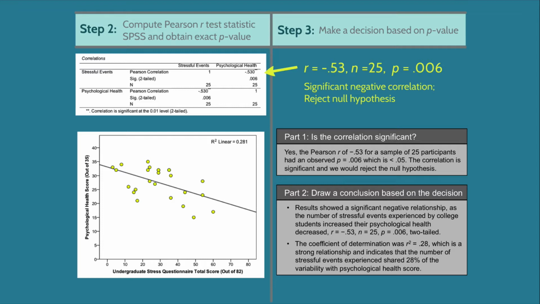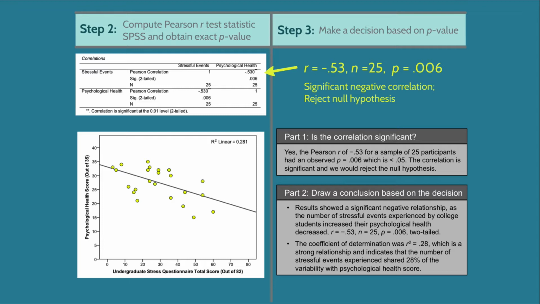We can also see the exact two-tailed probability or significance for this correlation, which again tells us the likelihood of observing a correlation coefficient this large if there really was no relationship in the population. So in this case, the exact p-value is 0.006, which is significant.